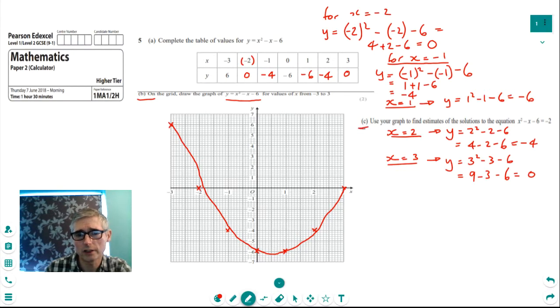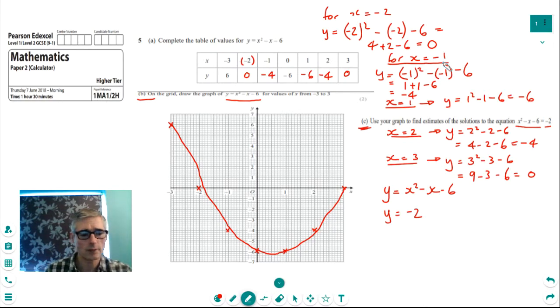Finally, part C, use your graph to find estimates to the solutions to the equation x squared minus x minus 6 equals minus 2. Now, we've already plotted y equals x squared minus x minus 6. And in fact, if we also plot the other side of the equation, y is equal to minus 2, where they cross will give us the solutions to this equation.